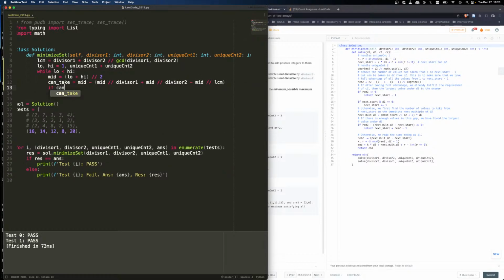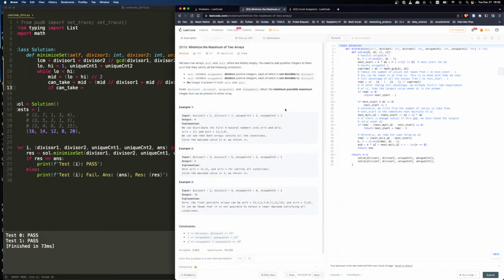When we say if can take is larger than, okay, if it's larger than, we want to move up, all right? So if it's larger than what? Oh, I didn't think this through. It's larger than what?